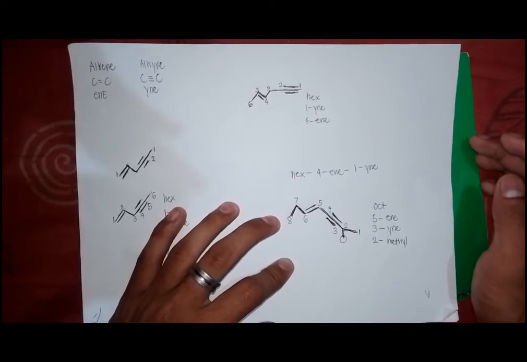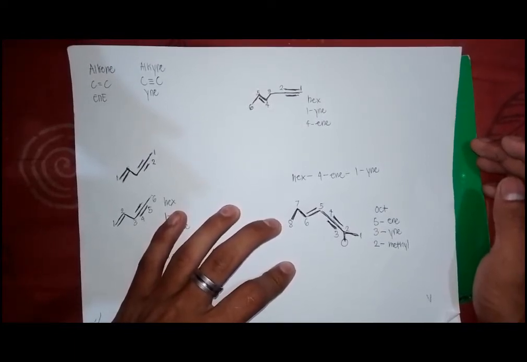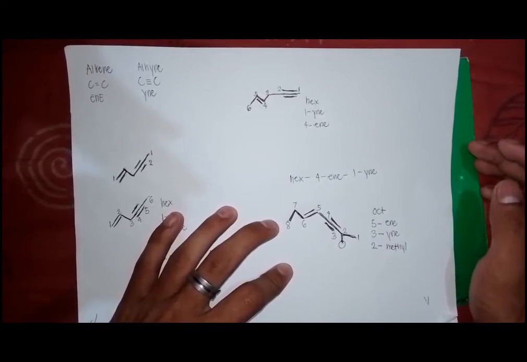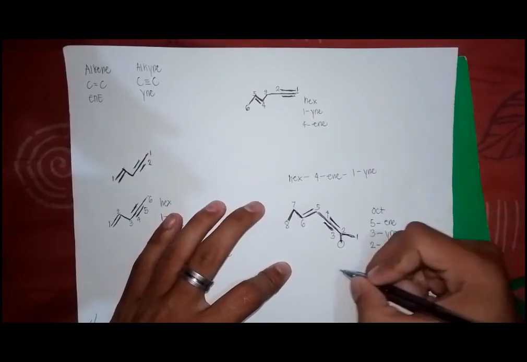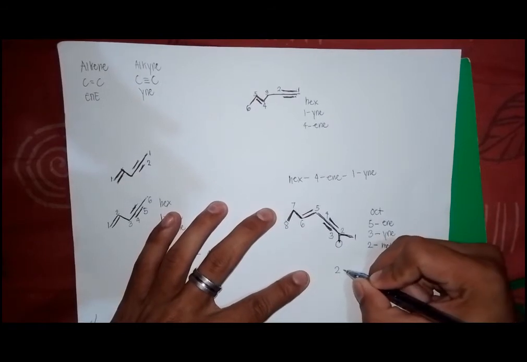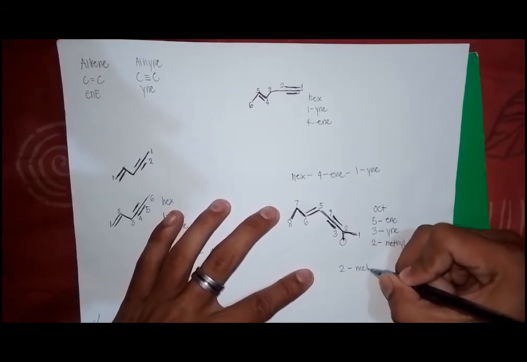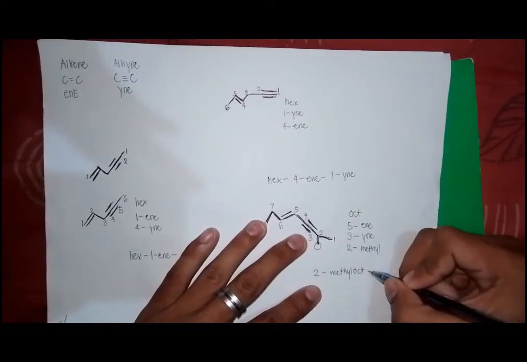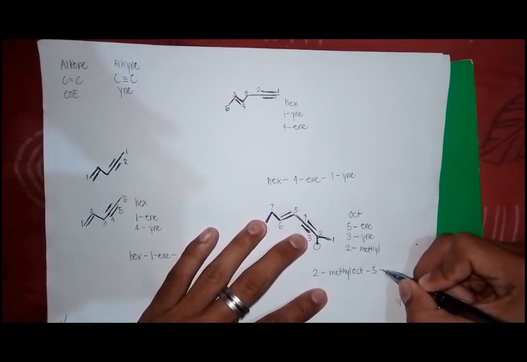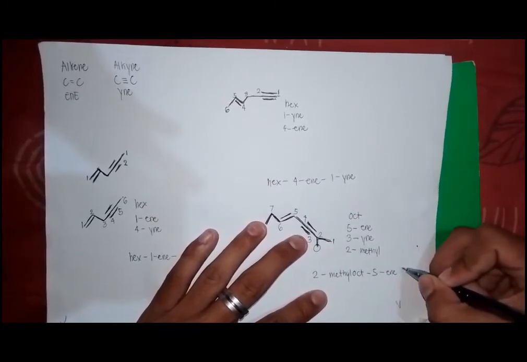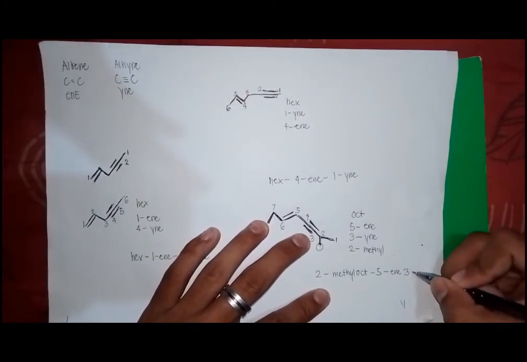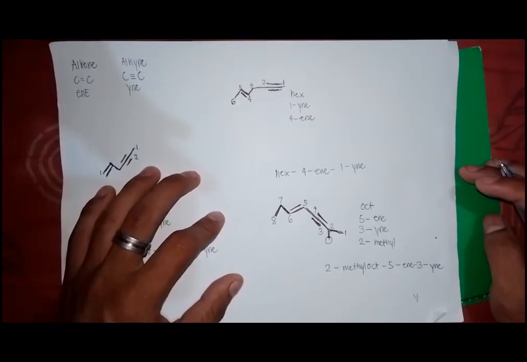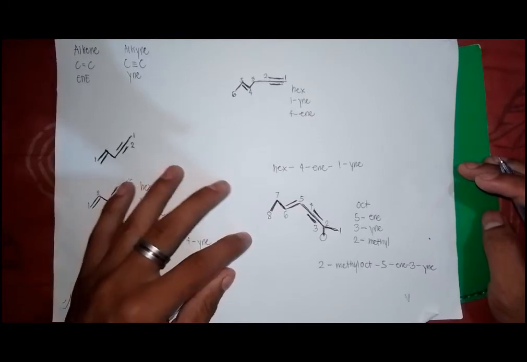Ene and yne are both your last names as sorted in alphabetical order, and this gives me a final name: 2-methyloct-5-ene-3-yne.